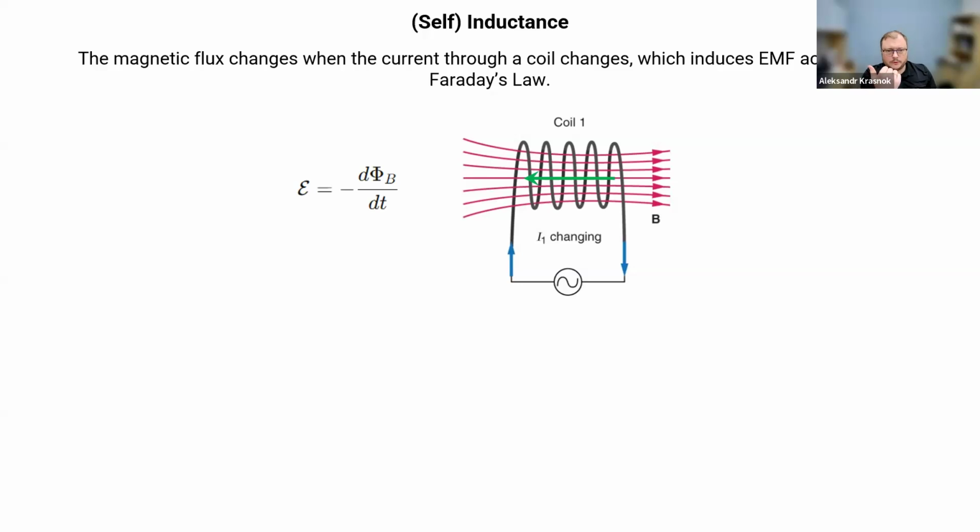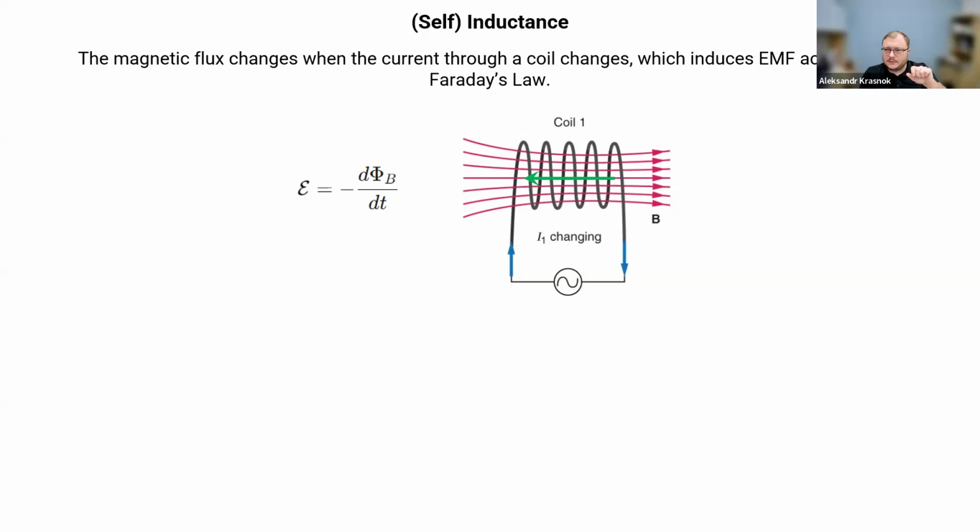This will create the electromotive force, with the opposite polarity to your generator. And this opposite polarity will push these electrons back, trying to stop them.